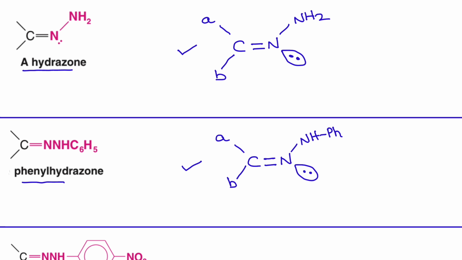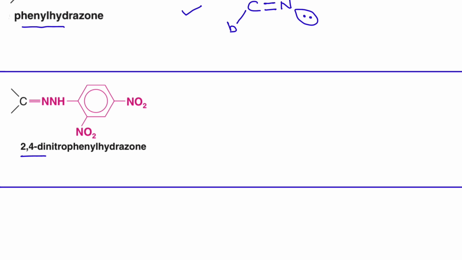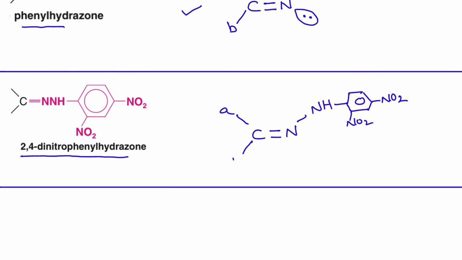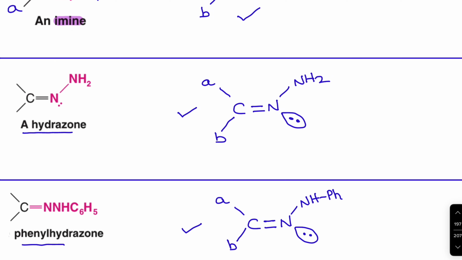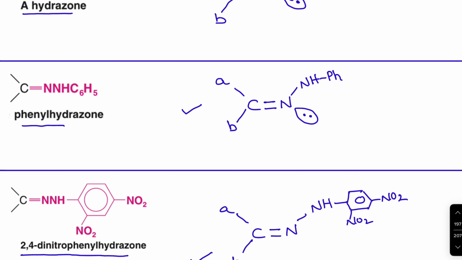The configuration we use is the EZ configuration. And one more example, 2,4-dinitrophenyl hydrazone. Already I told you, you need not remember the names at this point of time, but since names are available, I'm just giving them. And if these two groups are different, then geometrical isomerism is possible. So this is about geometrical isomerism in carbon nitrogen double bonded systems and nitrogen nitrogen double bonded systems.